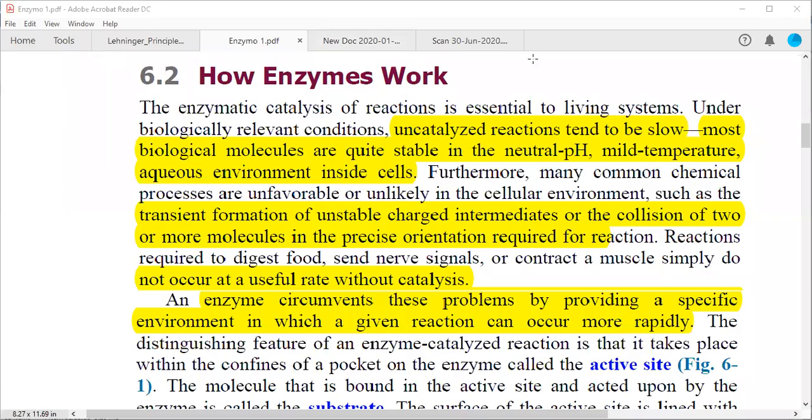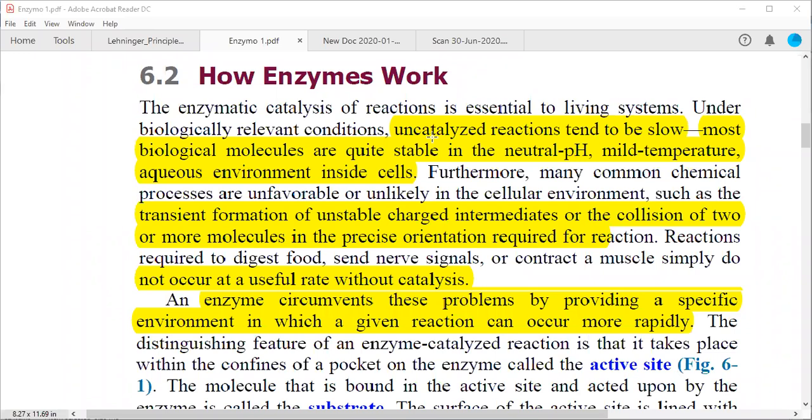Because the cell cytoplasm is an aqueous environment and the cell has a pH around neutral, that is 7.2 exactly for cytosol. If any reaction is uncatalyzed, or the enzyme is not involved in catalyzing that particular reaction, then obviously, if it is favorable, the reaction will proceed without the enzyme also.